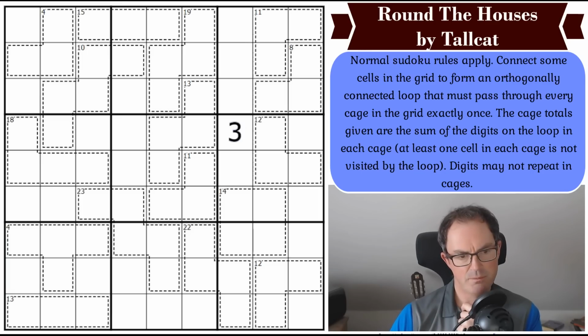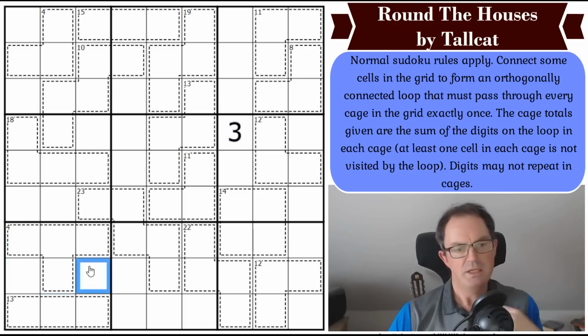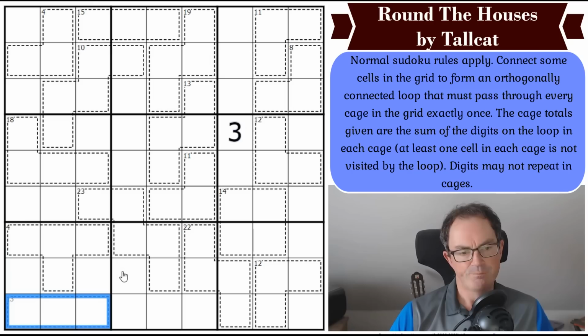I want to say that cell has to be on the loop. Yes, if that 13 in 3 cells, we know 2 of the cells exactly in this 13 cage are loop cells.